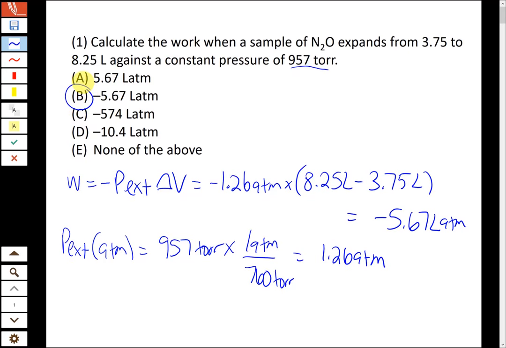Now the conversion that you might need sometimes, I think it's usually stated if it's needed, but just in case it's not, remember that 1 liter atmosphere is equal to 101.3 joules. A lot of times in work problems, any problem involving energy, we would need to convert the answer into joules or kilojoules, and this is the conversion that will get you there. You might wonder, how do I remember this conversion?